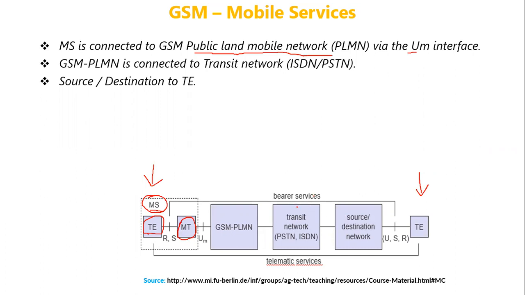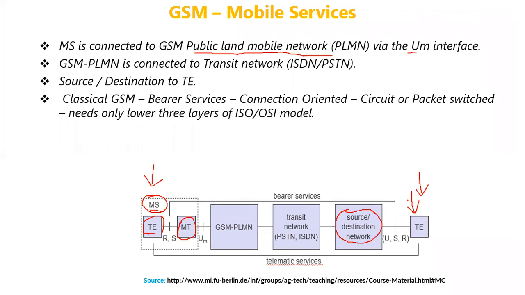The connection may not go through just one base station; it may go through several, and finally it will connect with a TE. This TE can be a mobile terminal or a fixed telephone. This diagram represents the reference model of bearer and teleservices.